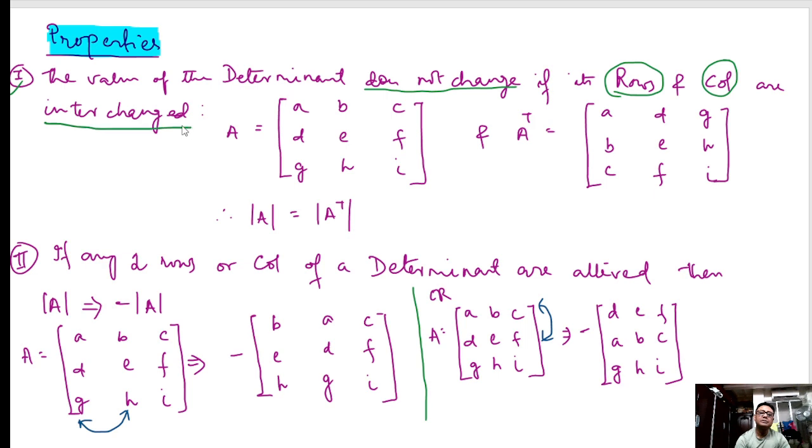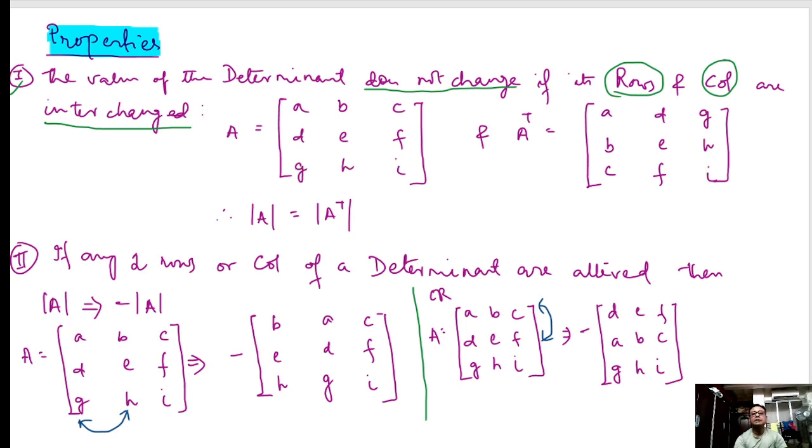This was the first row, it becomes the first column. Then this is the second row, it becomes the second column. Then this is the third row, it becomes the third column.